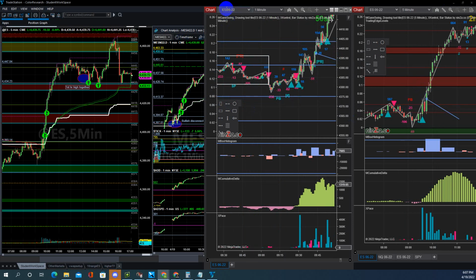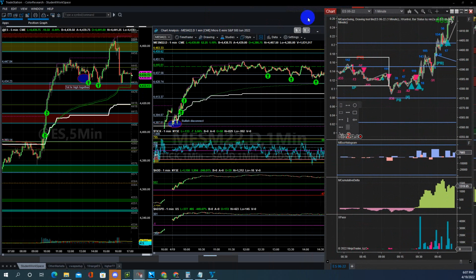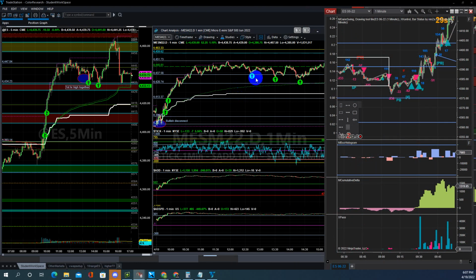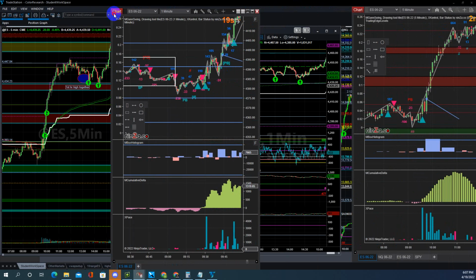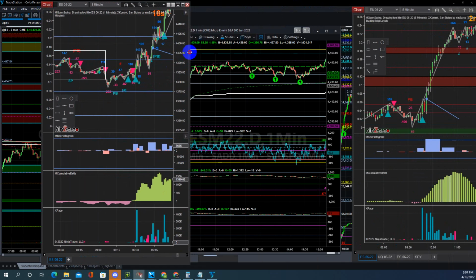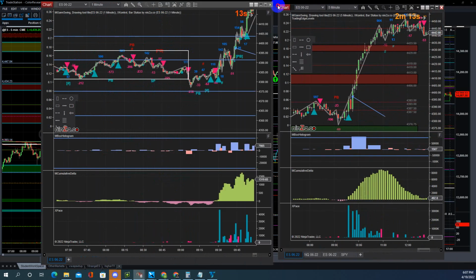This is my regular trading chart setup, so if you already watched the first video, you know why there was a long here at 4400 in ES, what the rationale behind that long was, why there is a second long, and why there are longs here, here, and here. I'm not going to discuss all this because I already discussed it in my first video. All I'm going to show you is how Mboxwave can help you out.